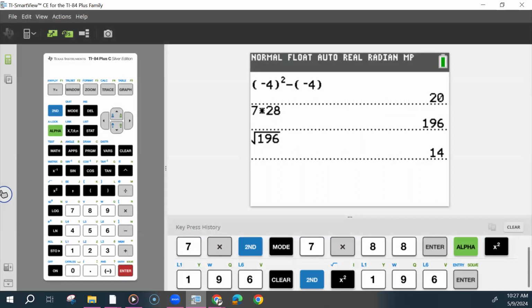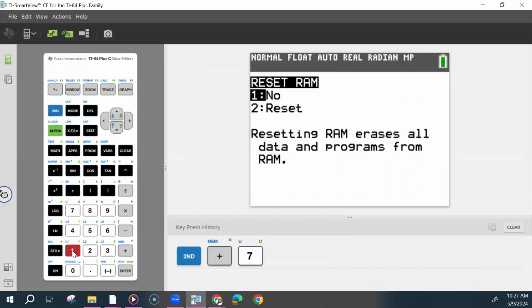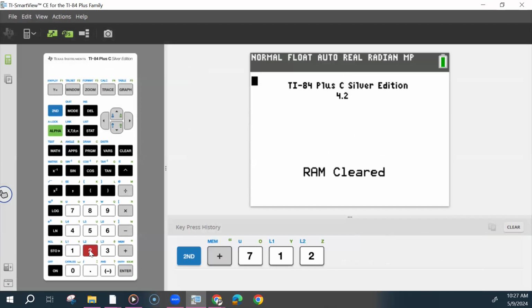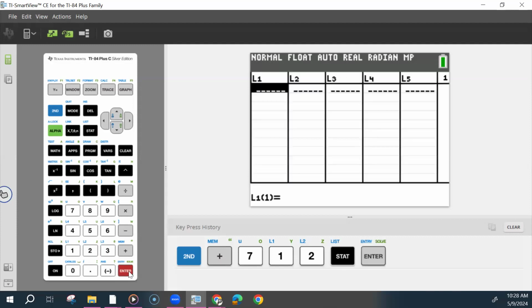Reset it first. Second plus 7, 12. And then go into stat. Go into edit, and start putting in your L1 and L2.